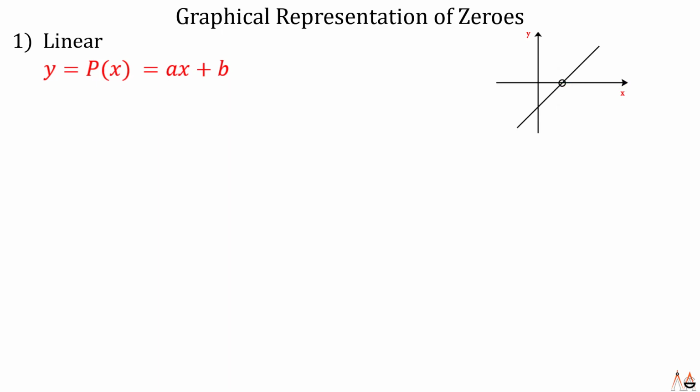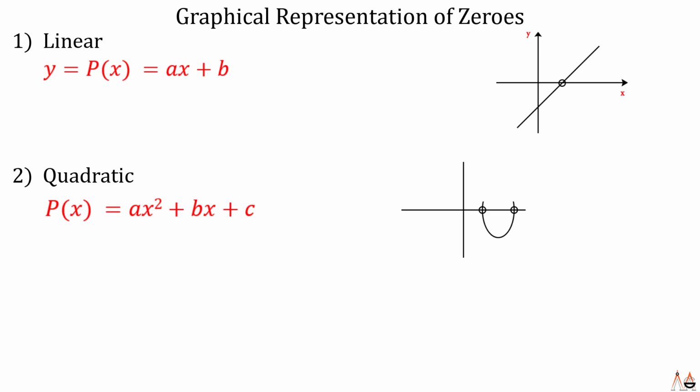In the quadratic case, and remember that a polynomial of degree n can have at most n zeros, but it's possible for them to have less than n zeros. A good example of that is the quadratic case, where in the first figure on the left, we show that it crosses the x-axis twice, and thus it has 2 zeros.